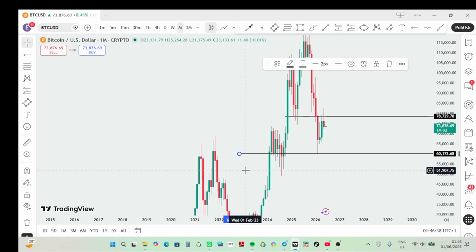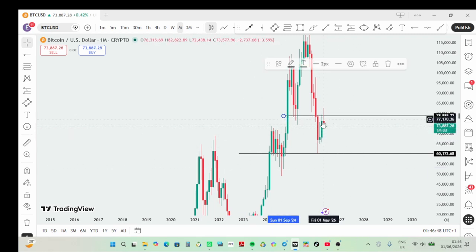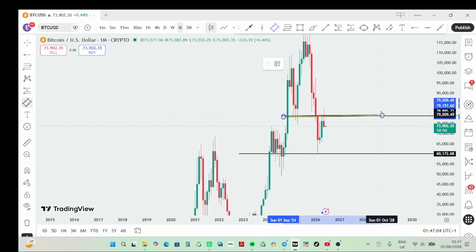So for this month, I'll be looking for more sells, but before it starts selling, it has to fill these gaps here before it starts flushing down. So let me put a zone here so that we'll be able to identify where the market is coming from and where it's going, to know the right place to come out from the market.